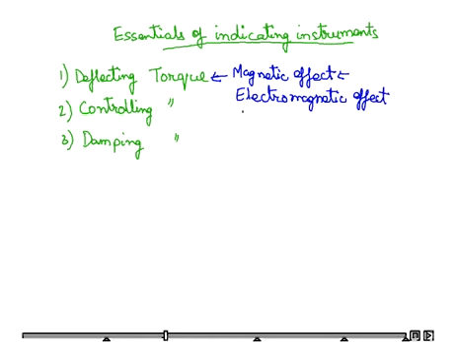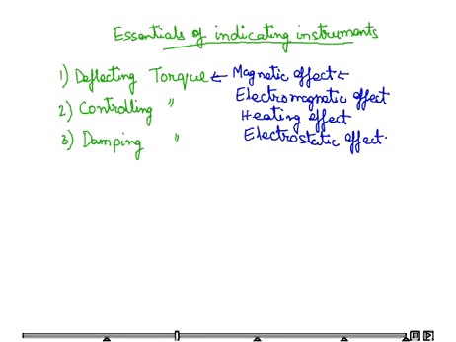Third is the heating effect. These are the effects which can be used to produce the torque. And the electrostatic effect.